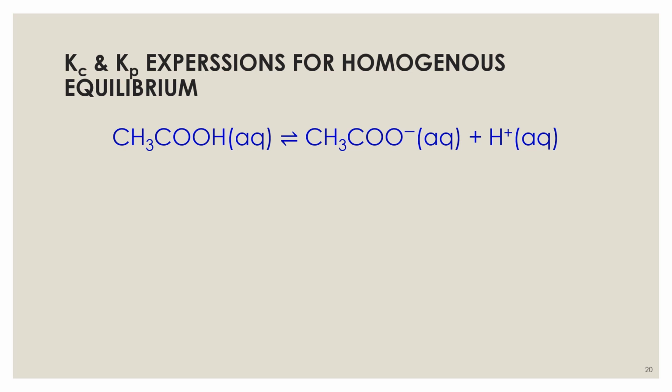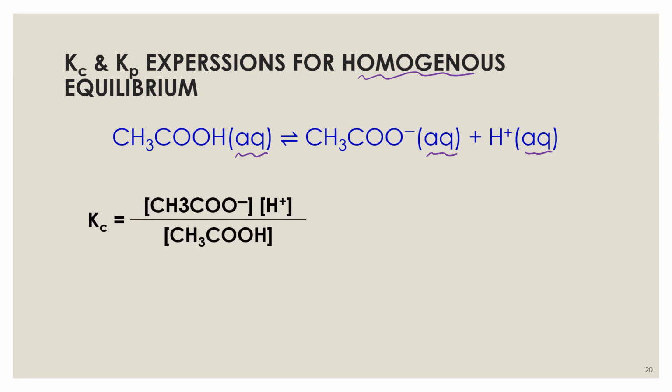As in this example, we have reactants and all products in the same phase, that is aqueous. So this is another example of homogeneous equilibrium. In order to write the Kc expression, we write the multiplication of the products divided by the reactants here.